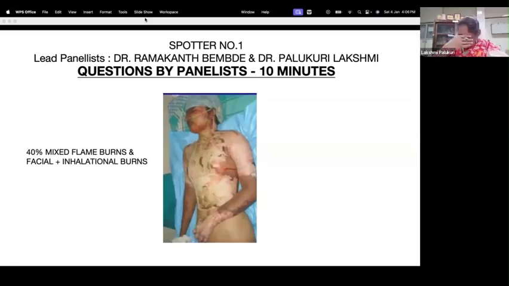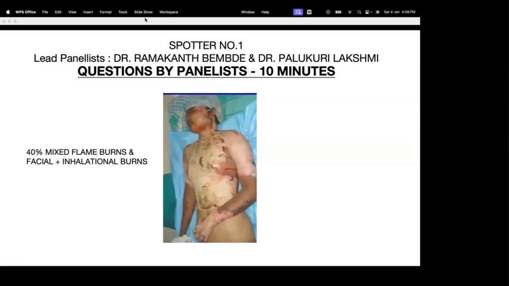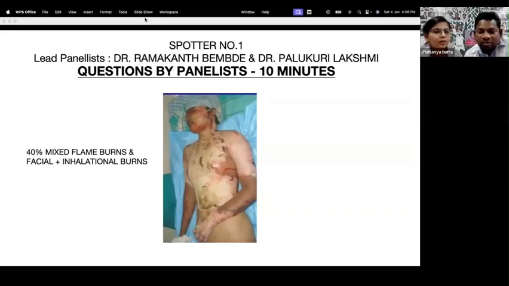So usually how do you give the escharotomy incisions? Where, and is it the same in every area or is there any difference from part to part?